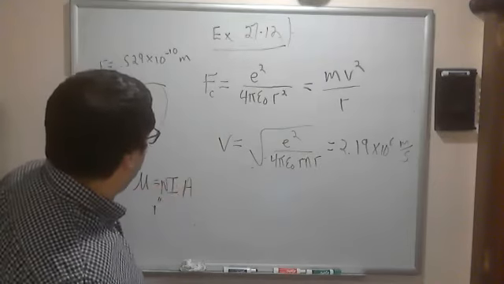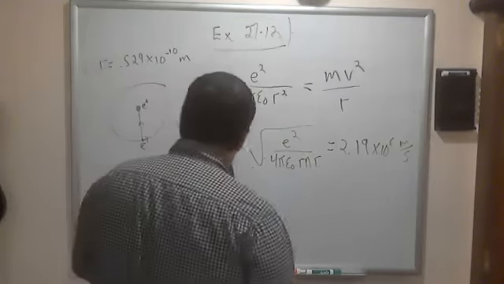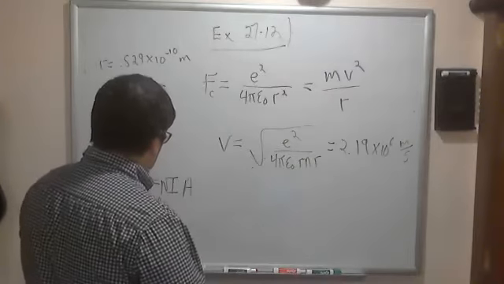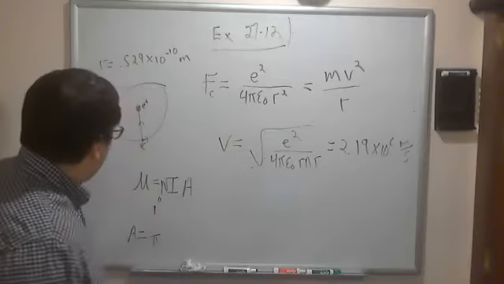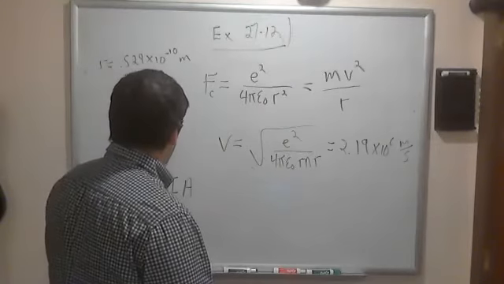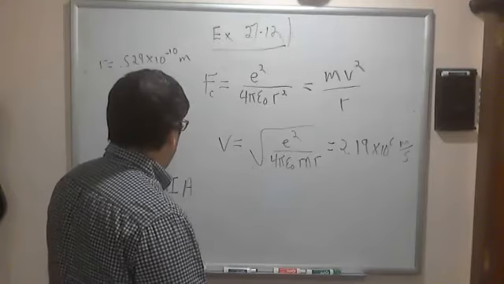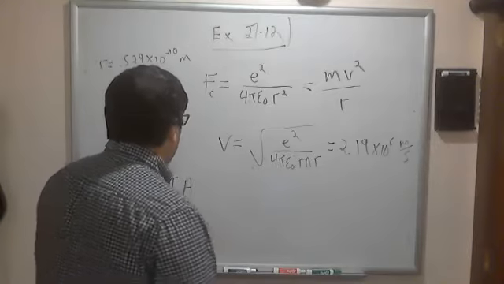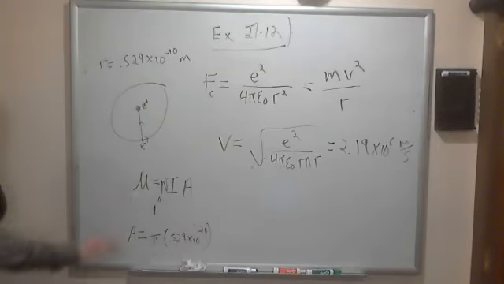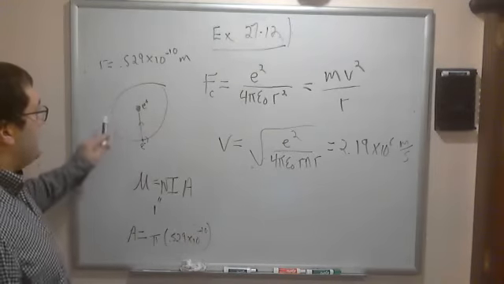Area is easy to calculate. The area is given by just pi times the radius squared, right? The Bohr radius squared. And then we need to find the current. And that's why we calculated the velocity, right?